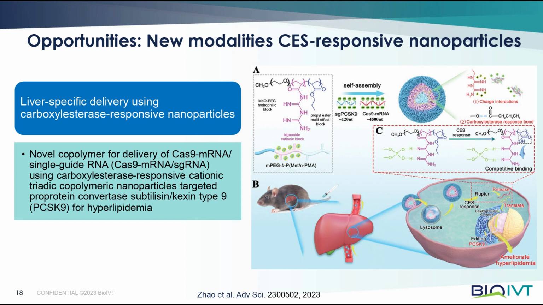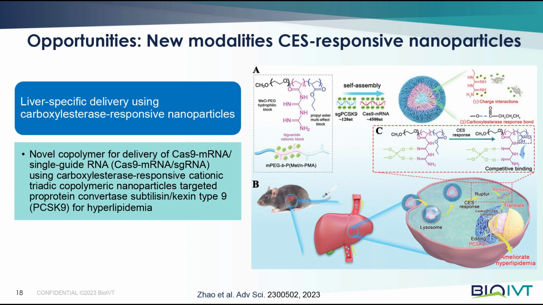So here's a case of gene therapy. This is interesting, where this company is using single guide RNA for CRISPR-Cas9. And what they've developed is what they call a carboxylesterase responsive nanoparticle. I won't go too much into the technology about it, but suffice it to say what happens is that this is a large nanoparticle, and it's delivering this single guide mRNA. And this is for the PCSK9 inhibitors.